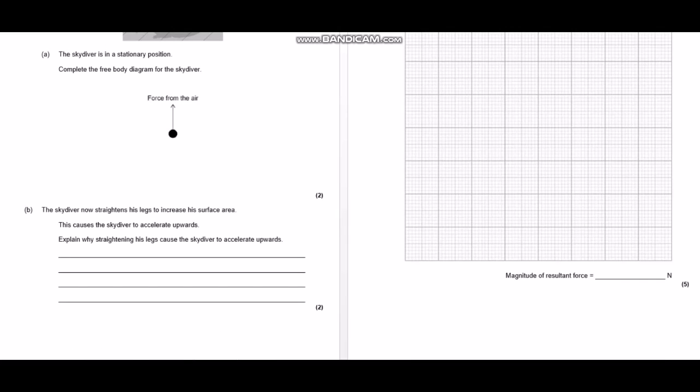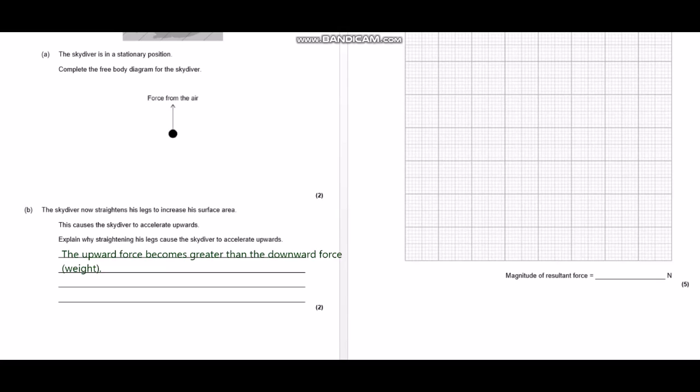Question 2b, the skydiver now straightens his legs to increase his surface area. This causes the skydiver to accelerate upwards. Explain why straightening his legs causes the skydiver to accelerate upwards. So once the skydiver is accelerating upwards, that tells us that the upward force becomes greater than a downward force.